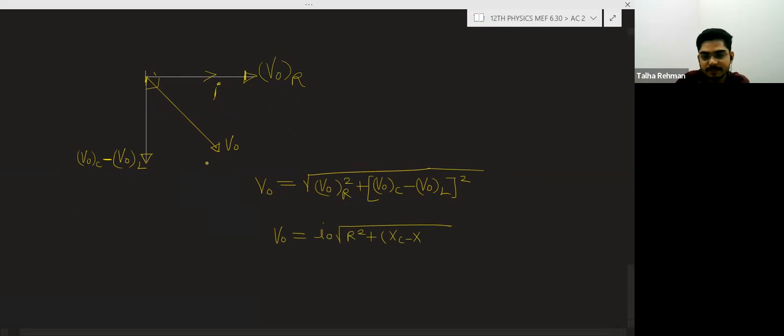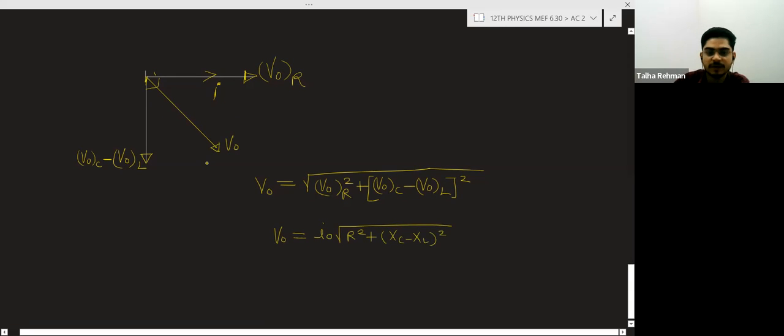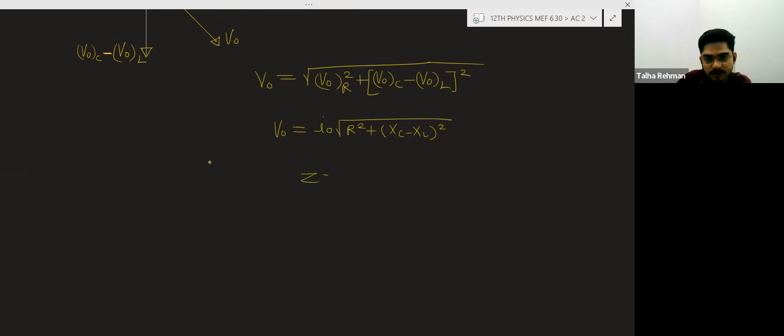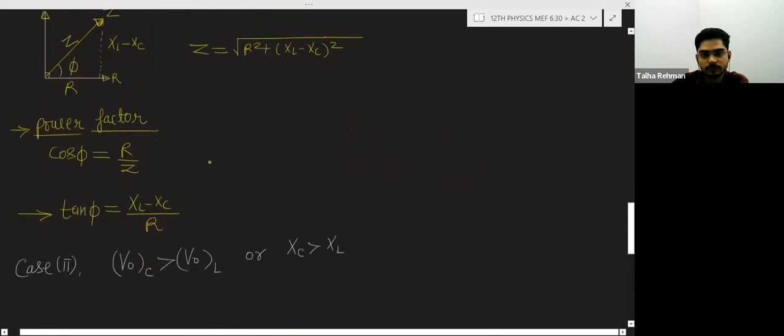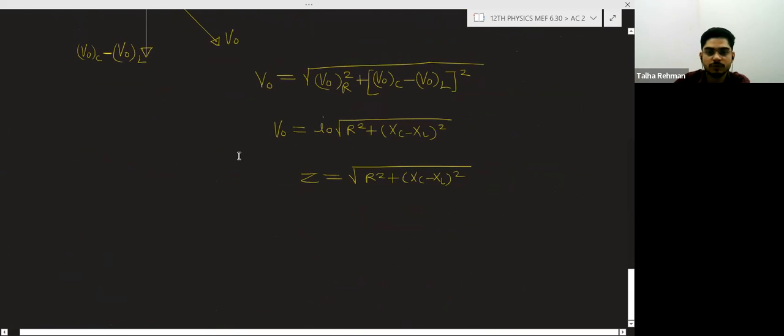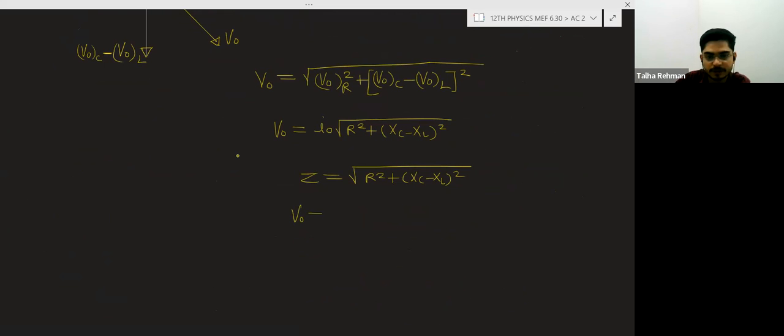Okay. So what is your impedance here? Z is equal to under root of R square plus XC minus XL square. Okay. So V naught is equal to peak value of the current into Z.